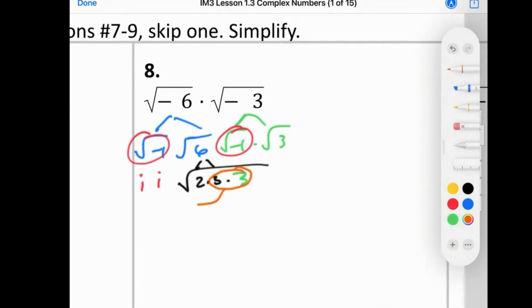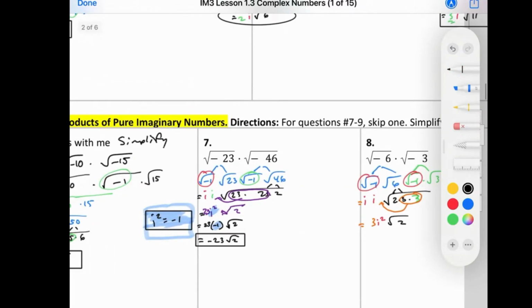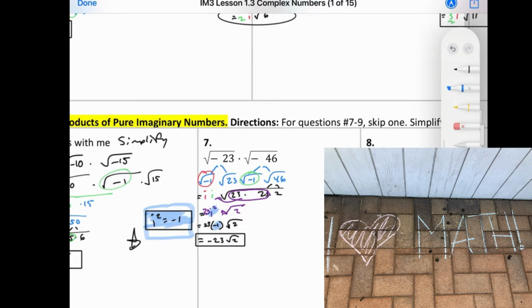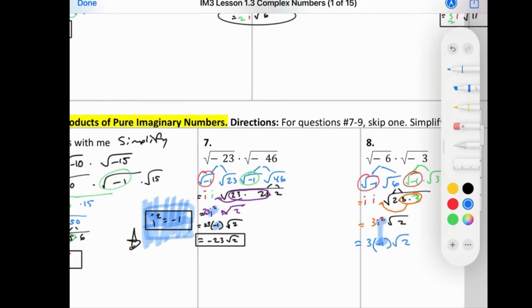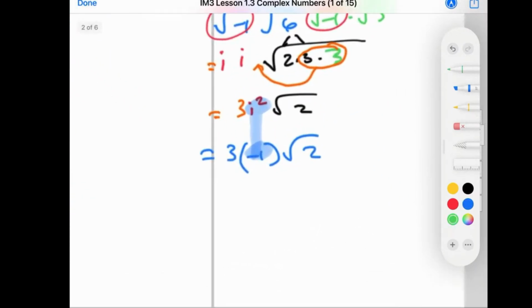This is a pair. They come out. It's only one number. So we have 3 i squared radical 2. What is wrong with this? Well, we had said over here that i squared equals -1. Do you see this? All of that is going to turn into what number? Negative 1. So those become negative 3 radical 2.